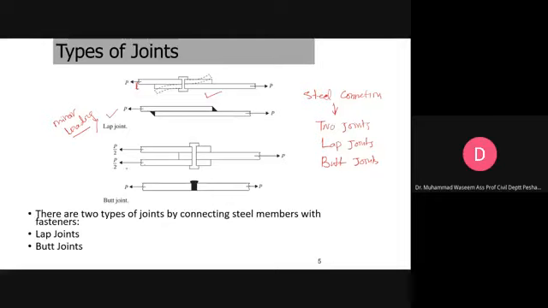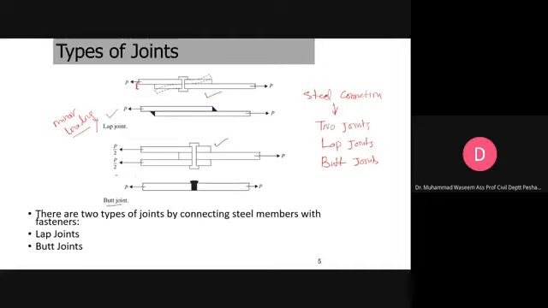On the other hand, a butt joint is constructed with the help of three components. In a butt joint we have symmetrical loading, and there is no bending or local bending of the members in this type of connection.